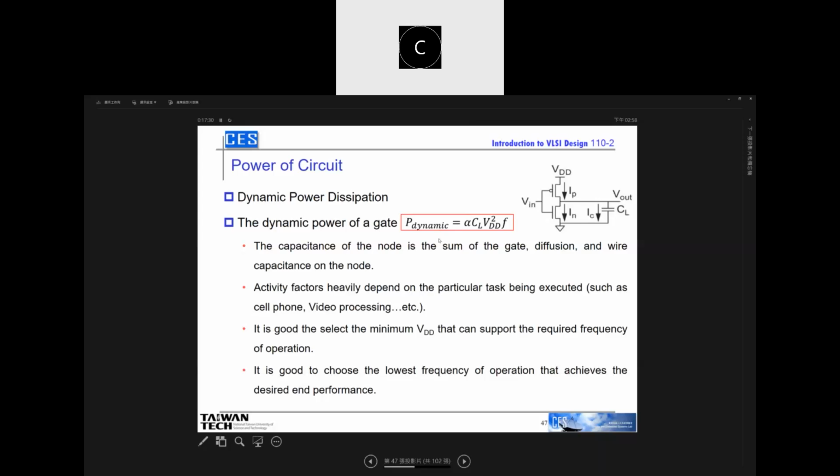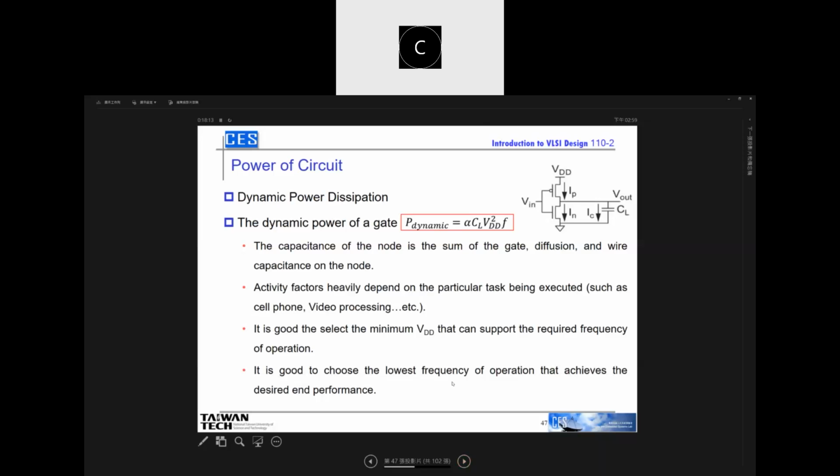If the CPU or other devices in your cell phone operated at too high a frequency, then according to this formula, you would increase the power consumption, run out of battery very quickly, and then you would need to recharge your system, right? So this equation clearly tells you one of the reasons why handheld devices cannot be operated at a very high frequency, mainly because of the power consumption issue.